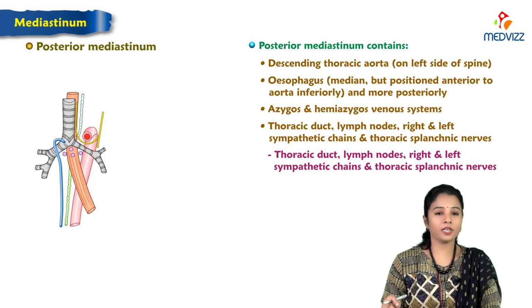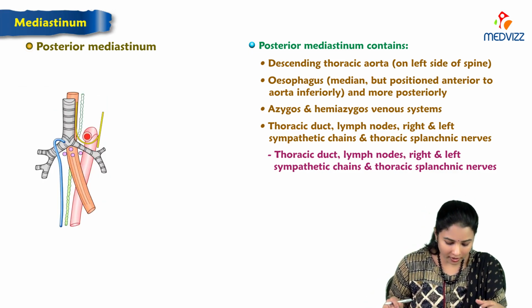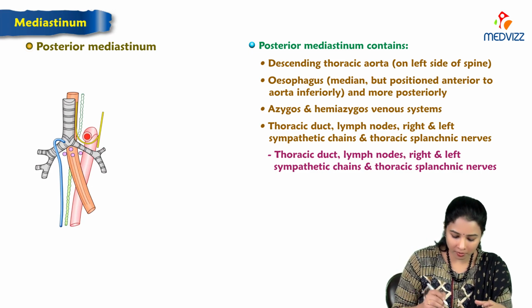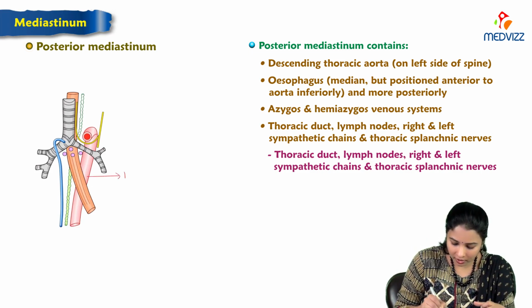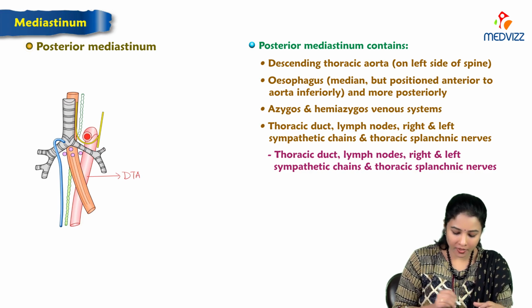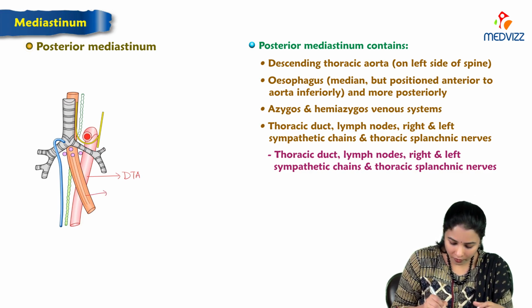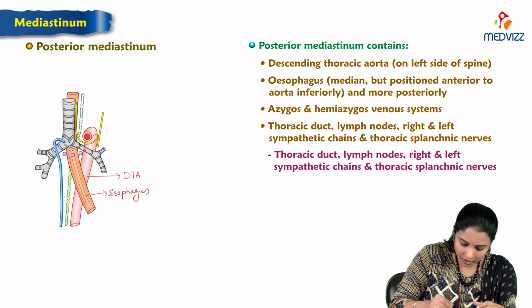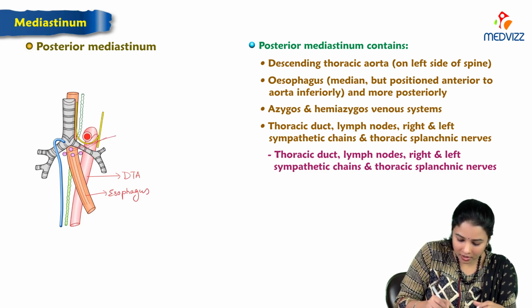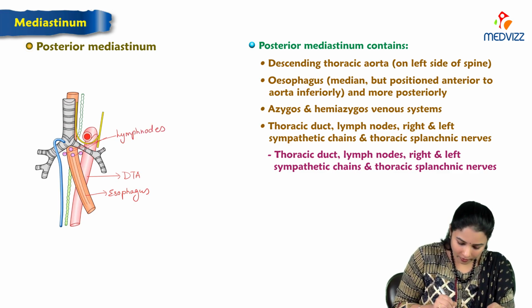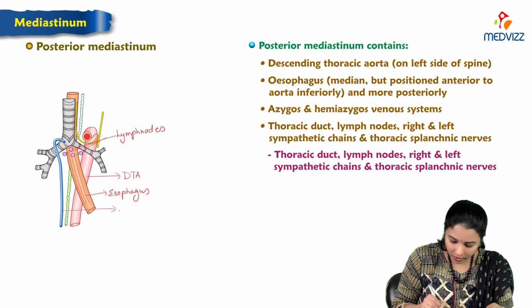So here is the schematic image showing the contents of the posterior mediastinum. So we can see the descending thoracic aorta. We can see esophagus. We can also appreciate mediastinal lymph nodes. And we can see azygos vein.